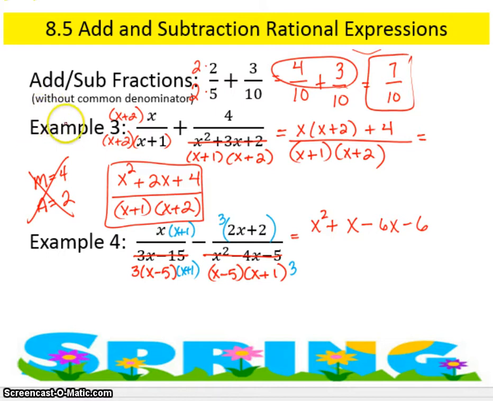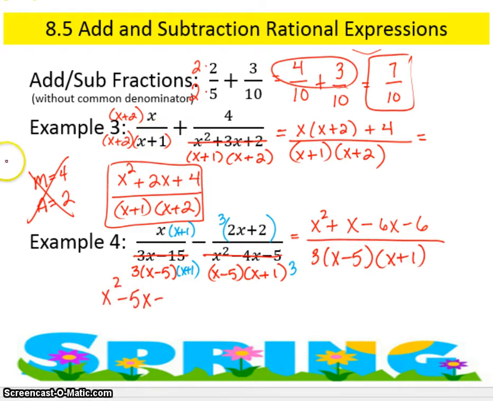So this is minus 6x plus 6, so it's x squared plus x minus 6x minus 6 all over 3 times (x minus 5) times (x plus 1). So we're going to simplify the top. We have x squared minus 5x minus 6 over 3(x minus 5)(x plus 1).